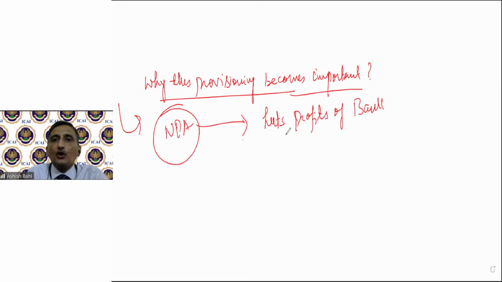The banks have to show their profits in accordance with the RBI prudential norms on asset classification and provisioning. So you understand why so much emphasis is laid on provisioning and proper asset classification, and why a question pops up every time in your paper on NPAs and on advances and asset classification.